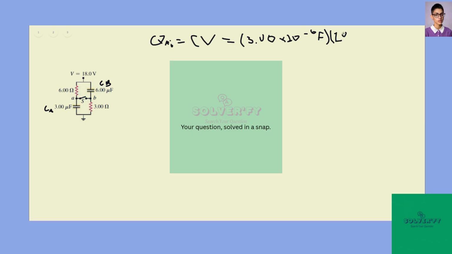I'll put in the significant figures this time to make sure that's carried along. 18 volts, which gives the initial charge on A of 5.40 times 10 to the minus 5 coulombs. It's a pretty straightforward calculation here.